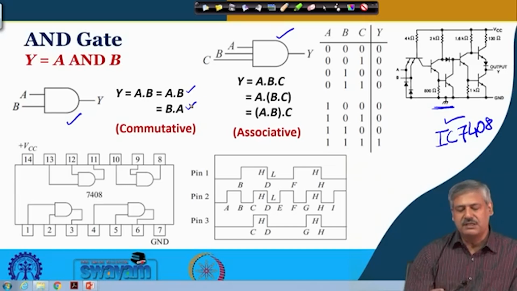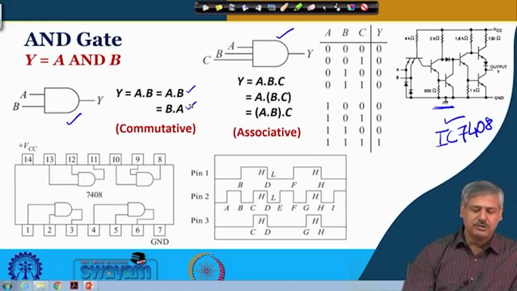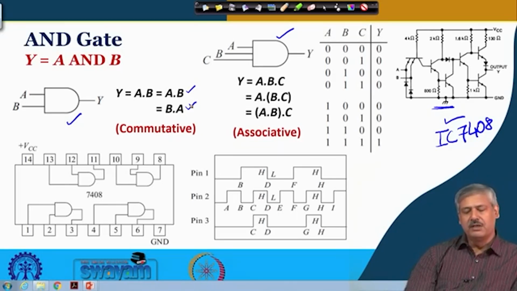This is what is known as commutative. The operation is commutative, meaning that if the operands change their order, there is no change in the output. So, the AND operation is commutative.